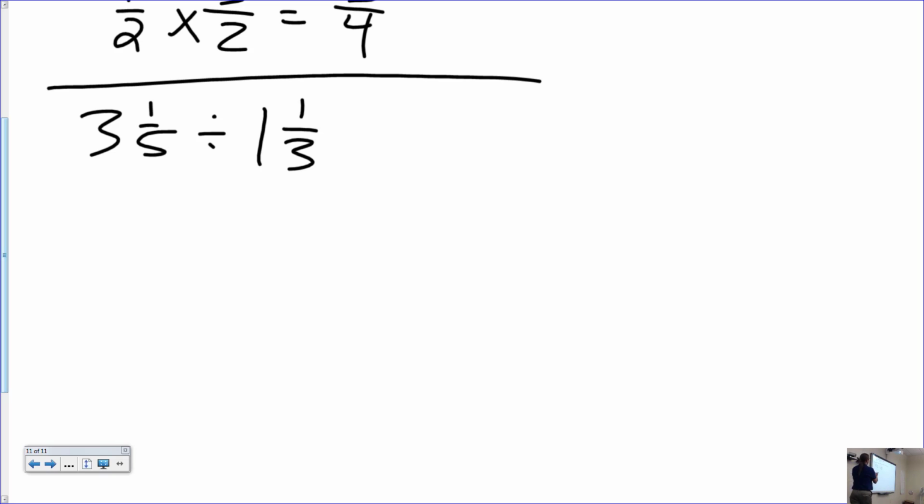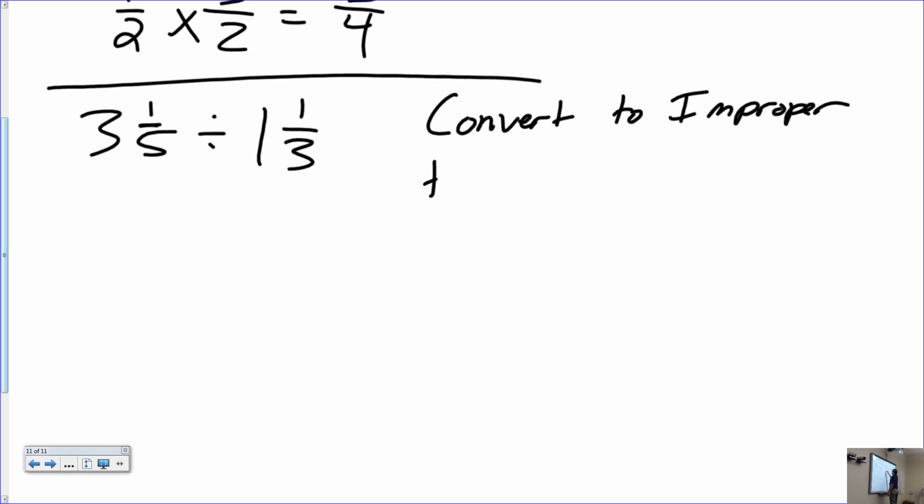Exactly. Convert both of your mixed fractions to improper fractions and then apply the same division rules that we just did, right? So, convert to improper, then repeat as above.